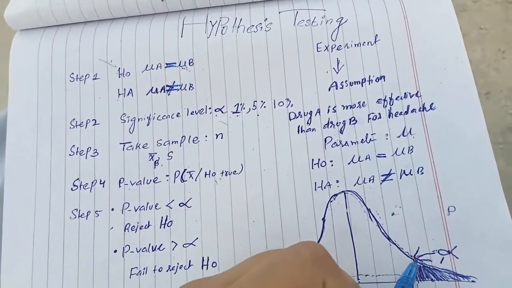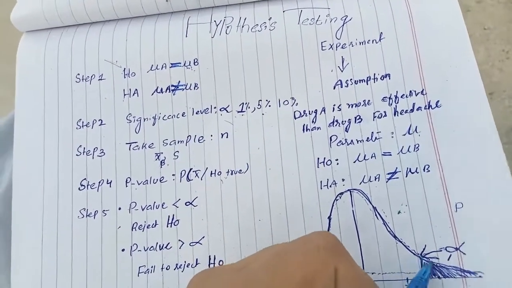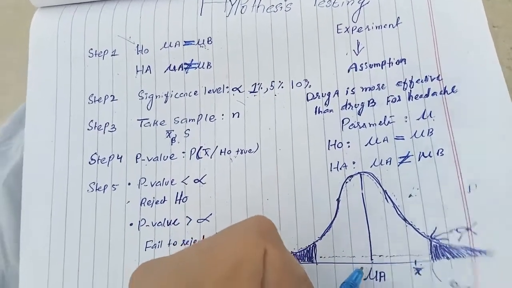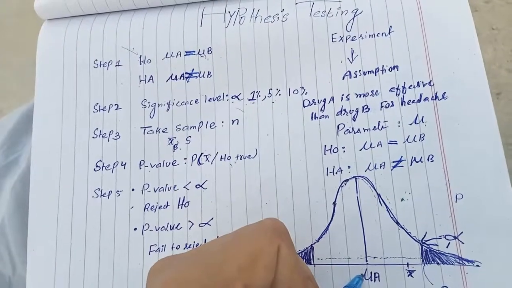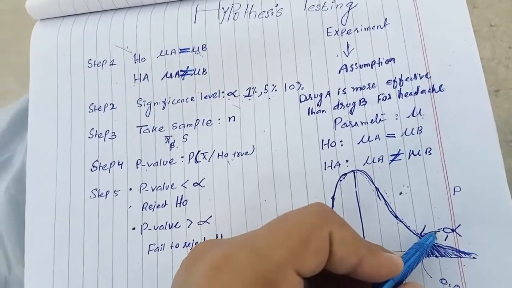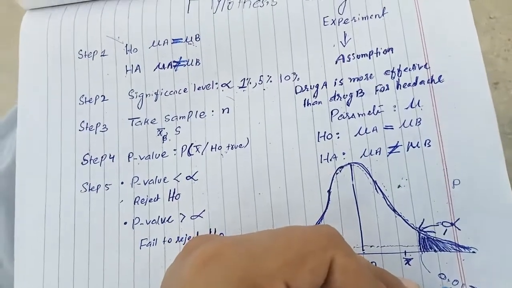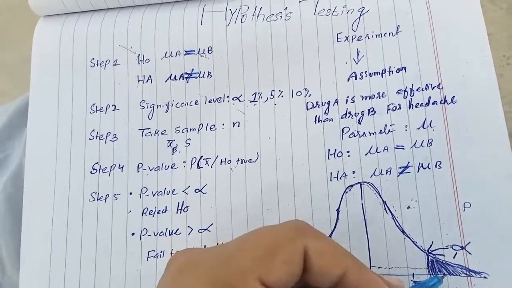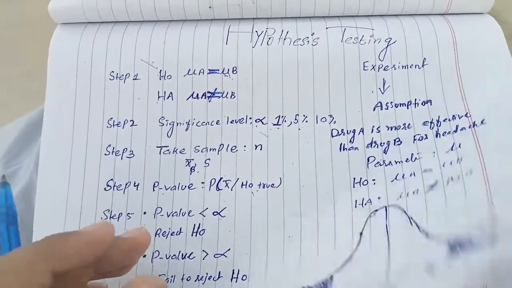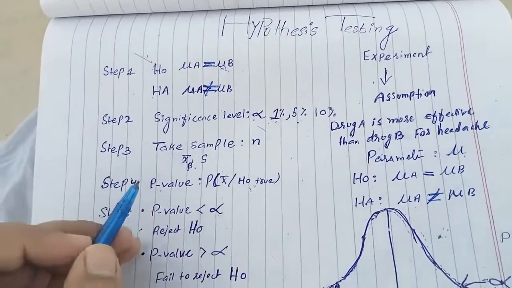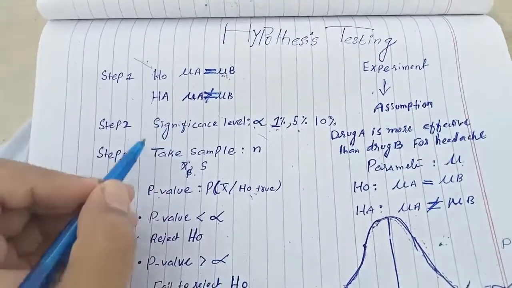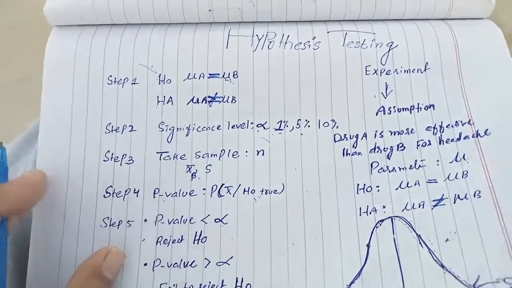When the p-value is present in the blue region, we reject the null hypothesis because it is very far from the null hypothesis, right? This is the threshold we make, which is known as alpha. That can be 0.05, meaning 5%, or 1%, or 10%, right? In another video I will explain in detail the p-value and the significance level. I will make separate videos for these different topics.